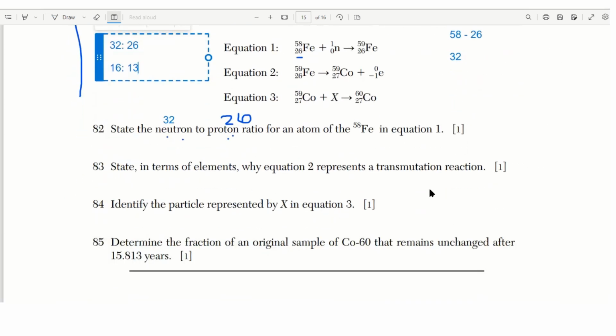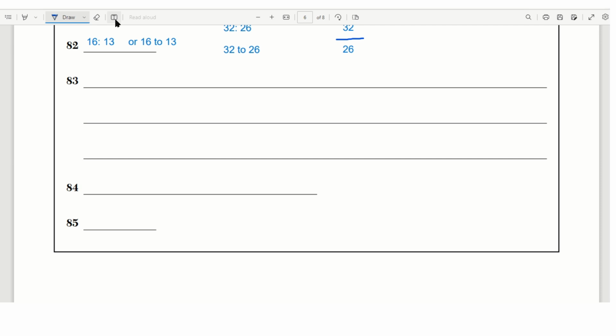All right, 83. State in terms of elements why equation 2 represents a transmutation reaction. Okay, so let's look at equation 2. We started with what element? Iron, and we ended with cobalt. Okay, so why is it transmutation?